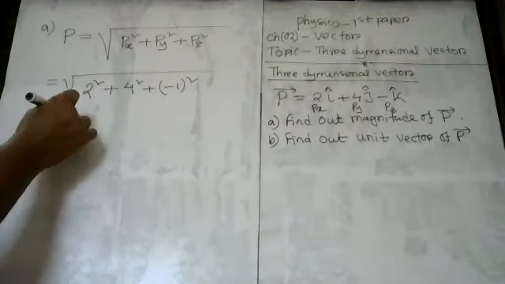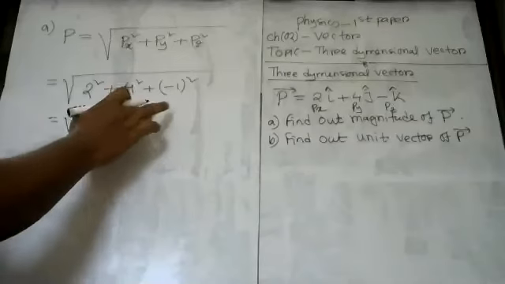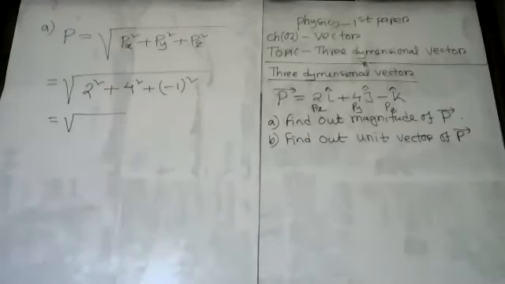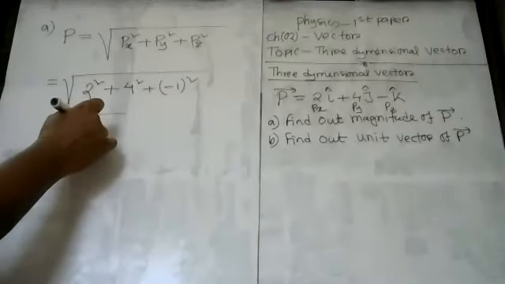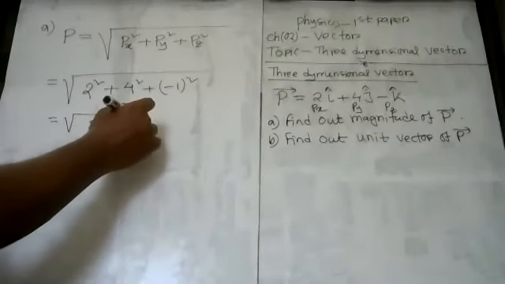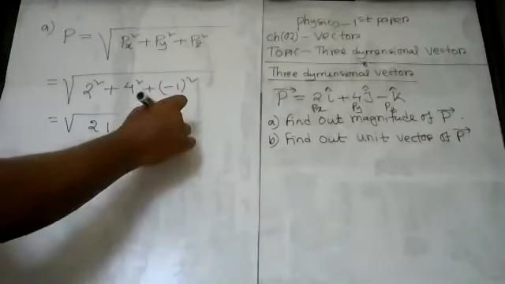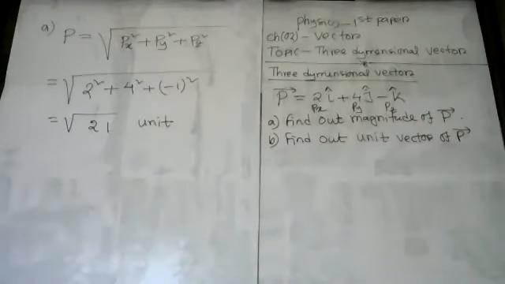If you make it a whole number, that is 4 plus 16 plus 1, which is 21. It will equal to root over 21 units. So the magnitude of this vector P will equal to root over 21 units.